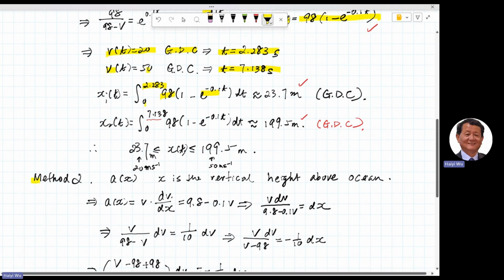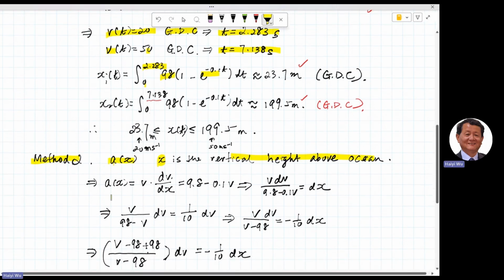Now method number two. Instead of acceleration in relation to t, I'm going to use acceleration with respect to the vertical height above the ocean. When you differentiate a, you have to use the composite chain rule.